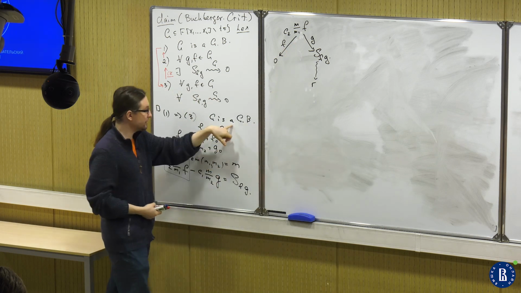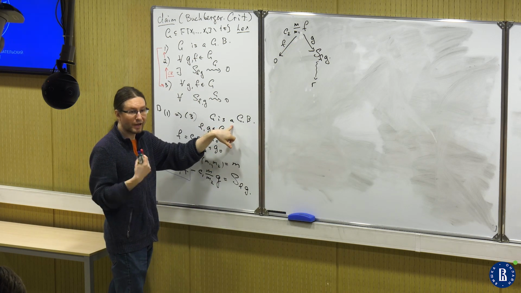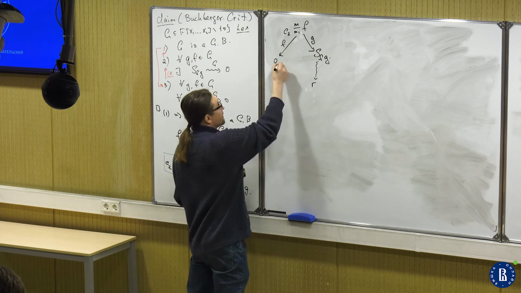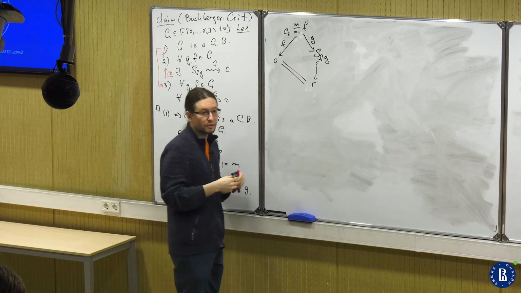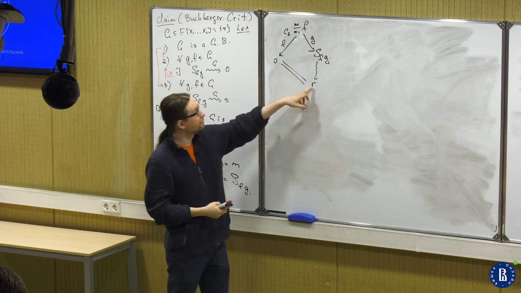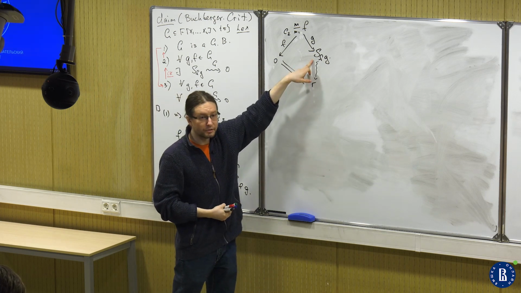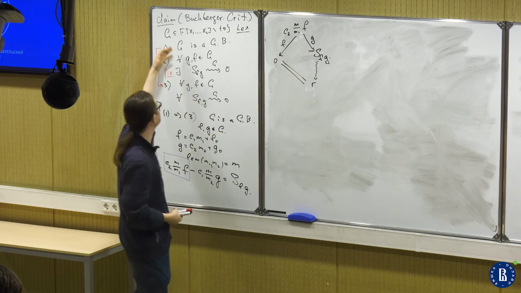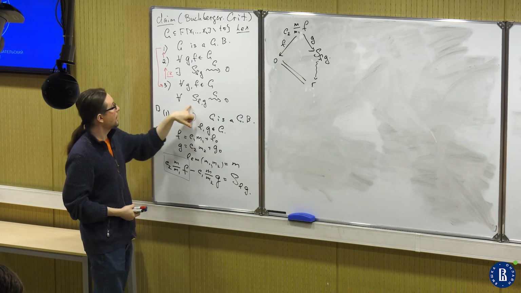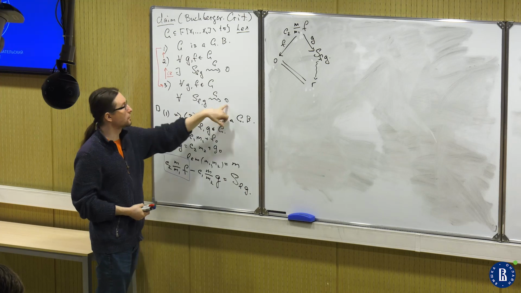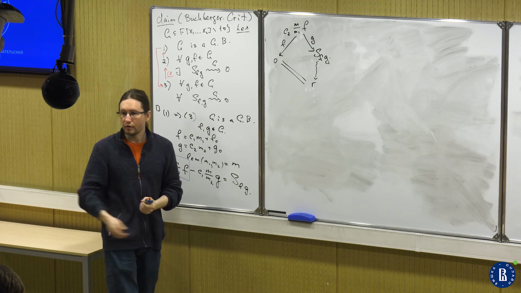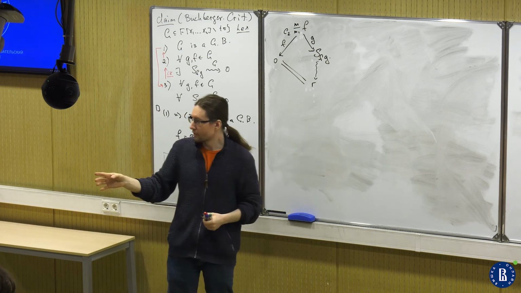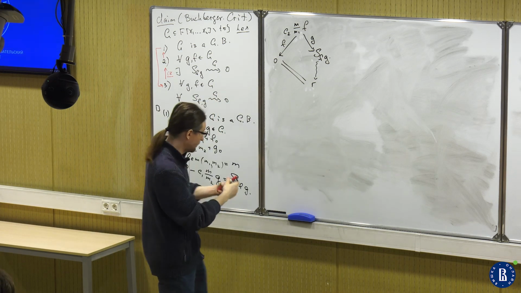But since G is a Grobner basis, every two remainders of a polynomial are the same. So these two remainders must be the same. This proves that every remainder of the S polynomial is actually 0. So if G is a Grobner basis, every reduction of the S polynomial leads to 0. Who was able to follow? Any questions? OK, good.